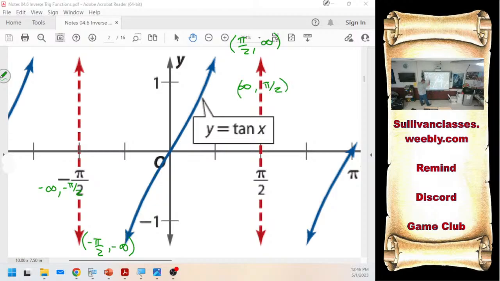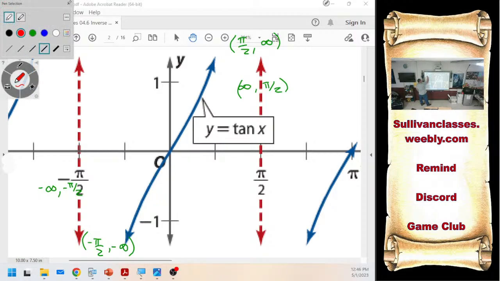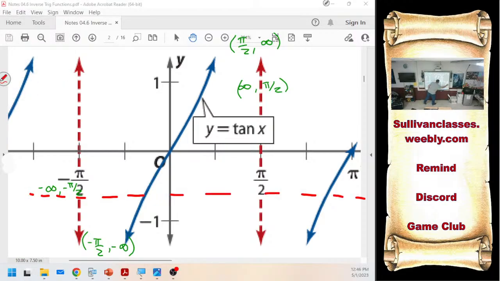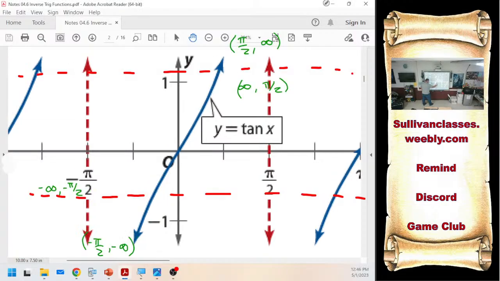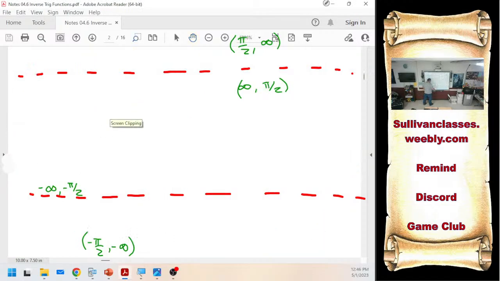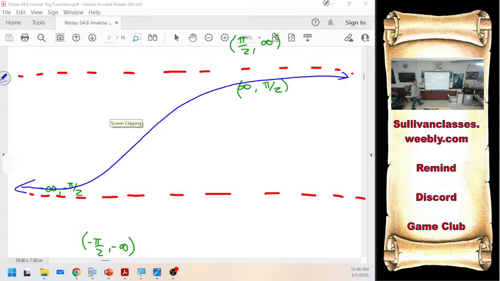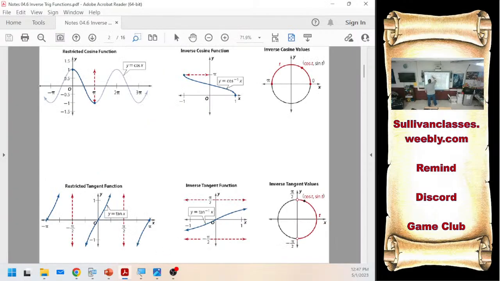If there were vertical asymptotes, now I'm going to get horizontal asymptotes, and my graph is going to skirt in between those like this. It's going to be that whole tangent graph flopped on its side. Okay? So that's where all of these inverses come from. Most of today is cheater graphs and look things up on the circle.